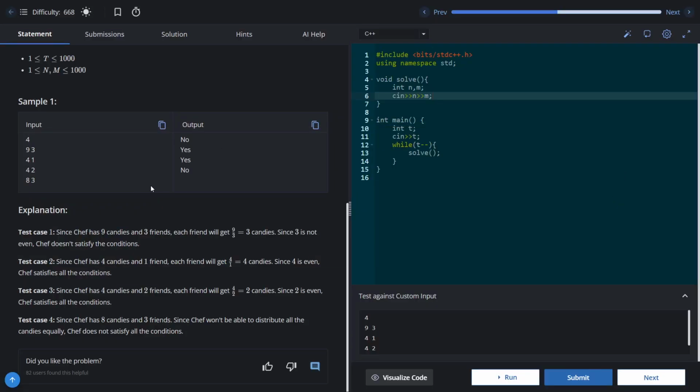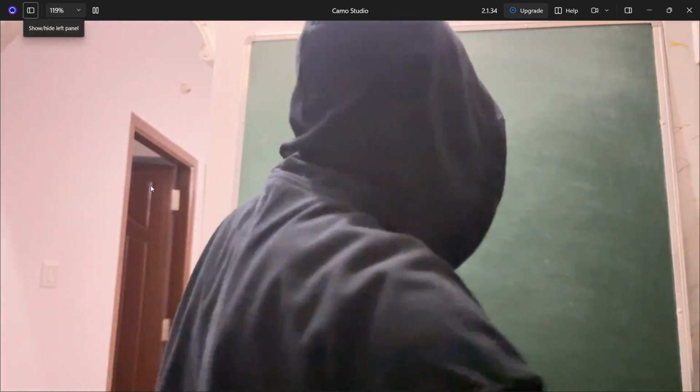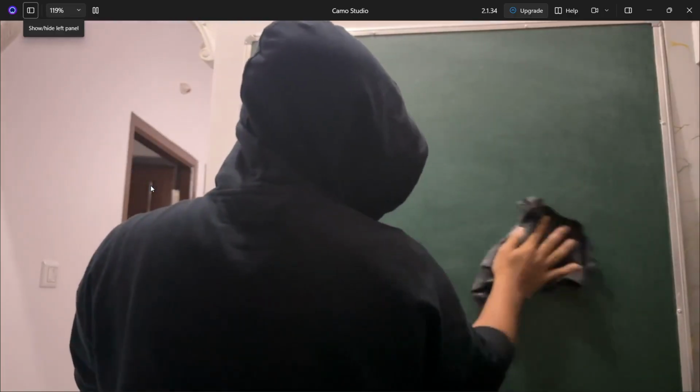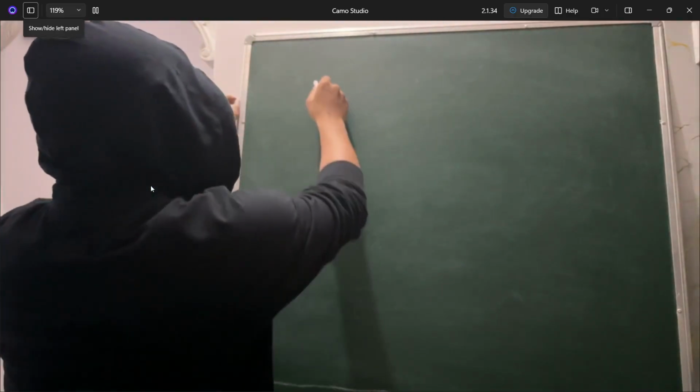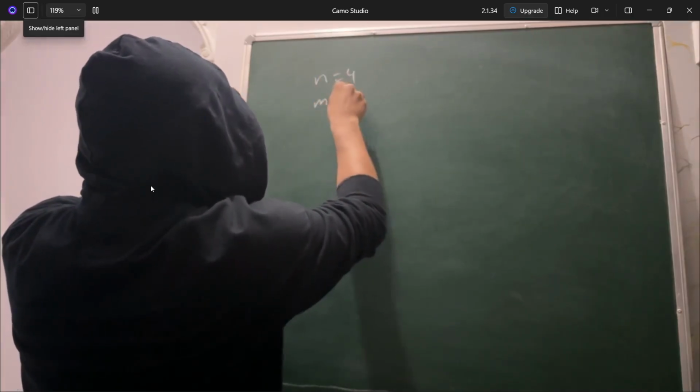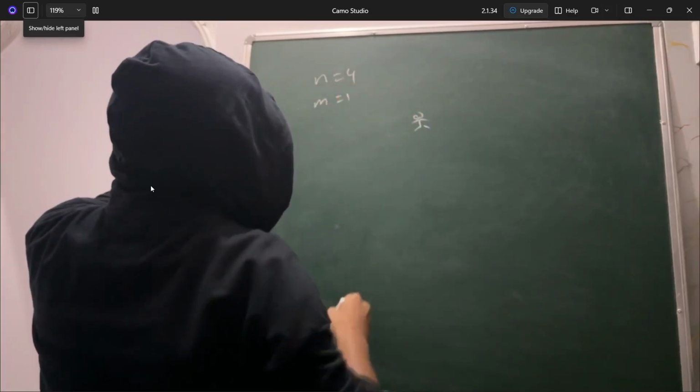Let's take the second example, 4 1. Here n is 4, the number of candies he has, and he has only one friend, a lucky one I guess.